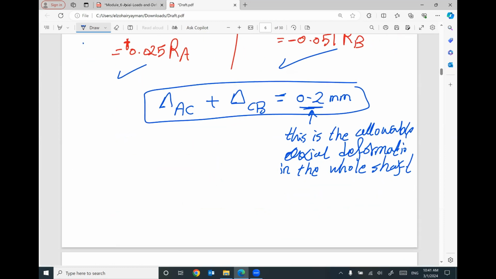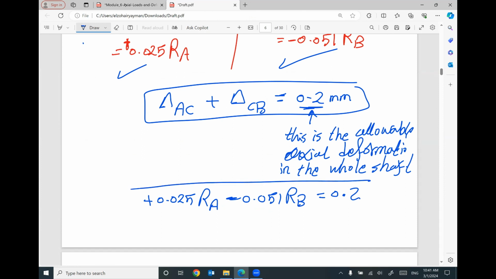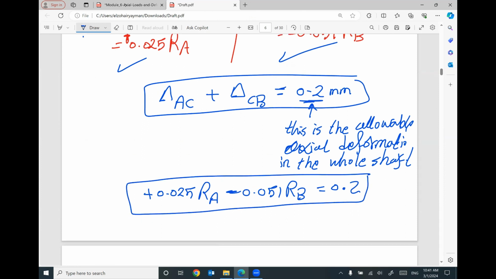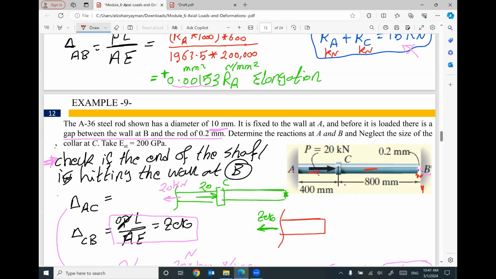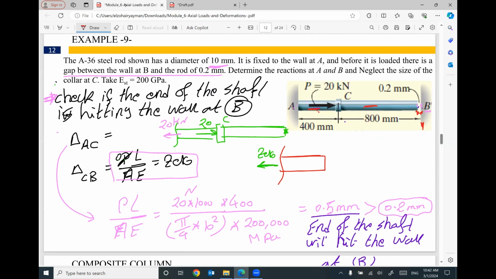So I can say positive 0.025 RA, negative 0.051 RB will equal 0.2. This is another equation between RA and RB, because we have a previous one. Which one?